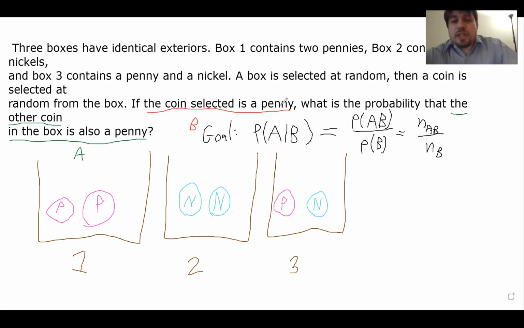The numerator and denominator are each fractions, and the denominators cancel. So why put the work in to calculate the denominators? They're going to cancel anyway. So you want to find the number of elements in A and B and divide it by the number of elements in B. So let's look at A and B.